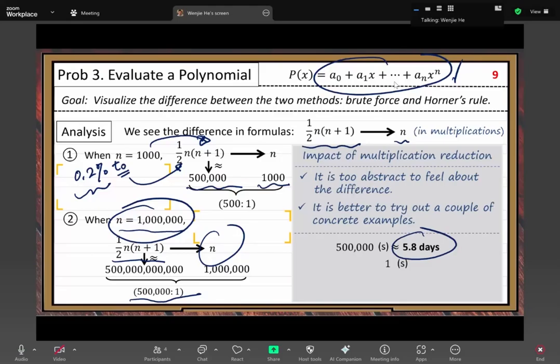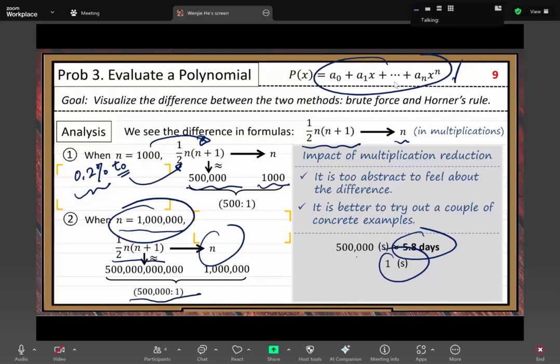All right? Then, after you learn this class, because you know Horner's rule, you can do much better. So you change your program, you write the code using the Horner's rule implementation. Then suddenly, the same huge polynomial, you only need 1 second to get the answer.